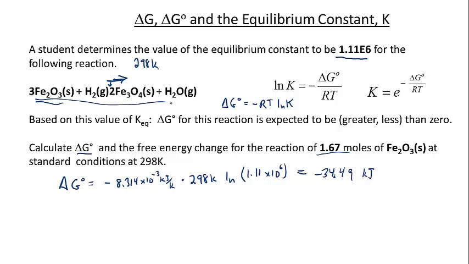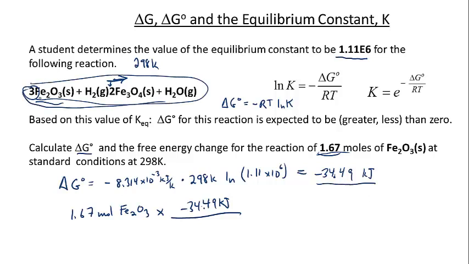And so then we want to know what's the free energy change if 1.67 moles reacts. So what we have is we have 1.67 moles of Fe2O3 times negative 34.49 kilojoules per 3 moles of that. So this delta G is for this reaction as written, which is for 3 moles reacting.